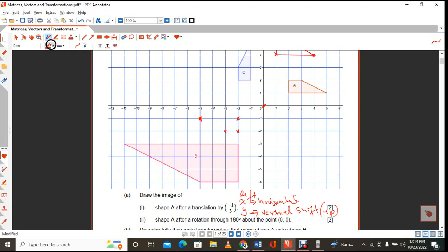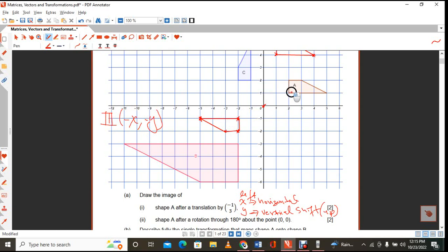So for a rotation of 180 degrees about the origin, the coordinates stay the same, but just with different signs, because remember this is your third quadrant, and in the third quadrant x is negative and y values are also negative.